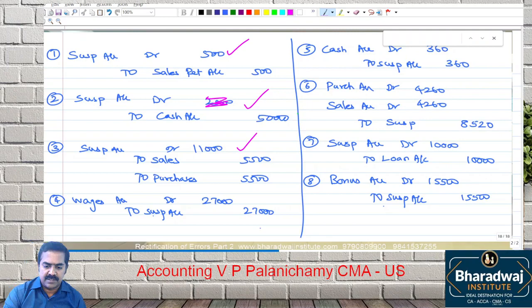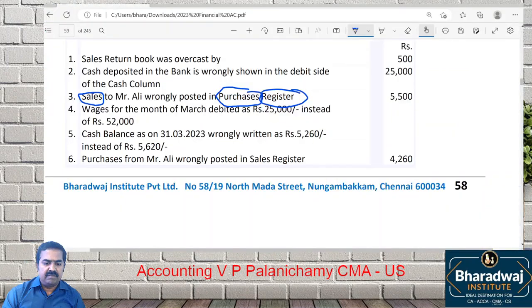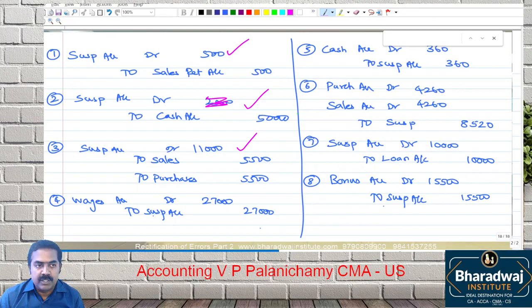Next. Wages 25,000 debited instead of 52,000. We should have debited how much? 52,000, but we debited only 25,000. How much more to debit? 27,000 more, only in which account? Wages account. So wages account debtor to suspense account.